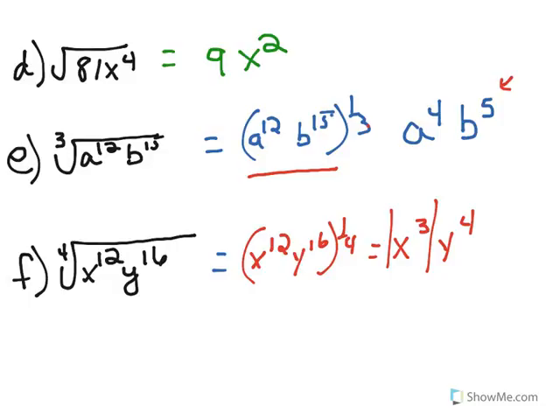Now I know this is negative, but we don't put an absolute value around that because our index is odd. We only use absolute value when our index is even, like in F. So we have x to the third, y to the fourth, and we want to make sure that this x to the third stays positive, so that's why we put the absolute value around that one.